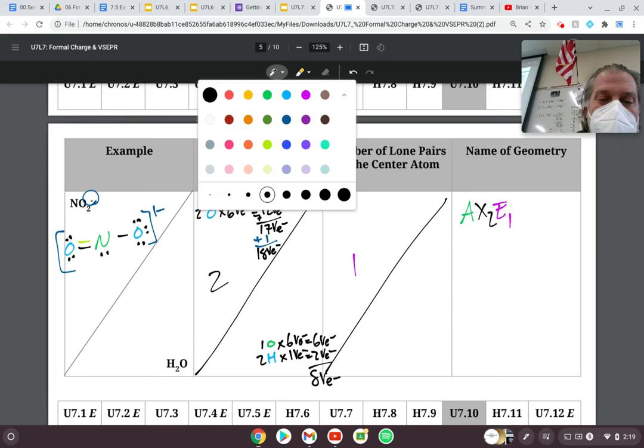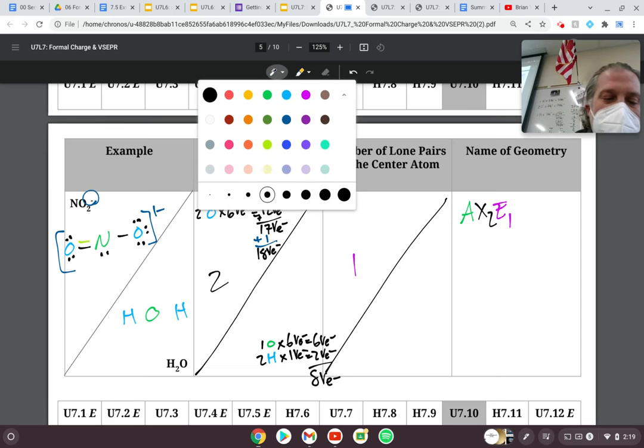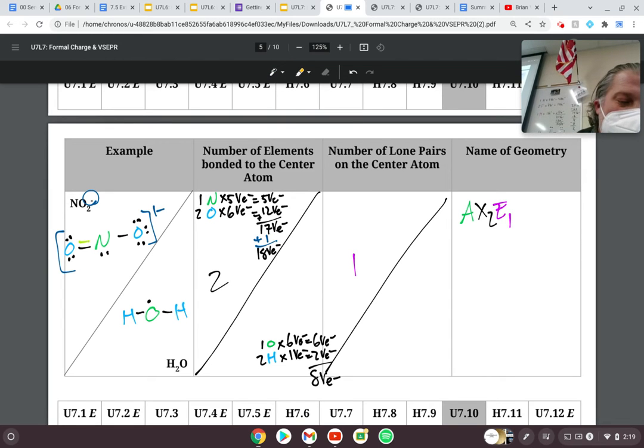So when I draw this structure, I'm going to put my oxygen in the middle. I'm going to put my hydrogens on either side. I'm going to put a bond 2, 4, 6, 8. Okay. Now, there are 2 atoms, 2 hydrogens, bonded to the central atom.